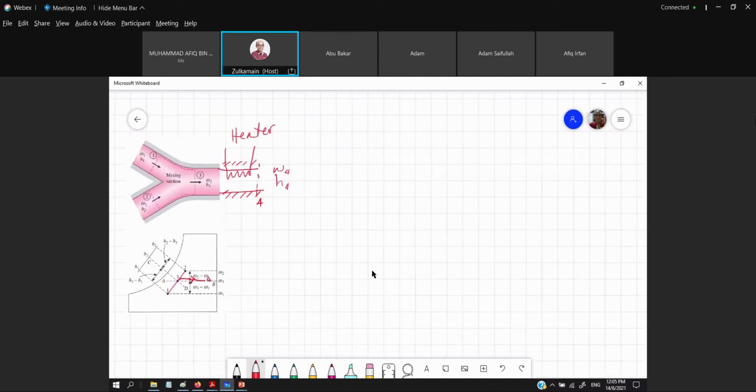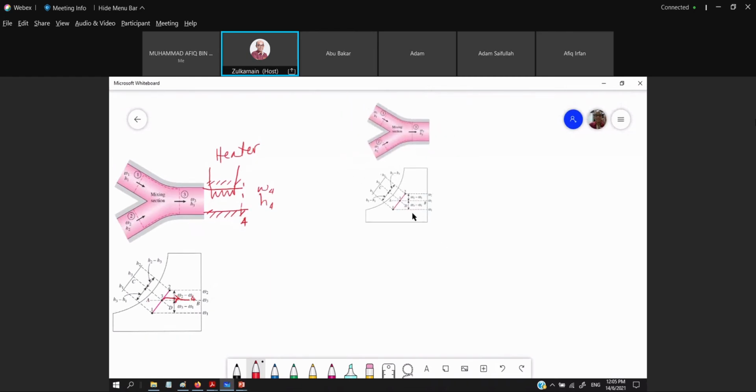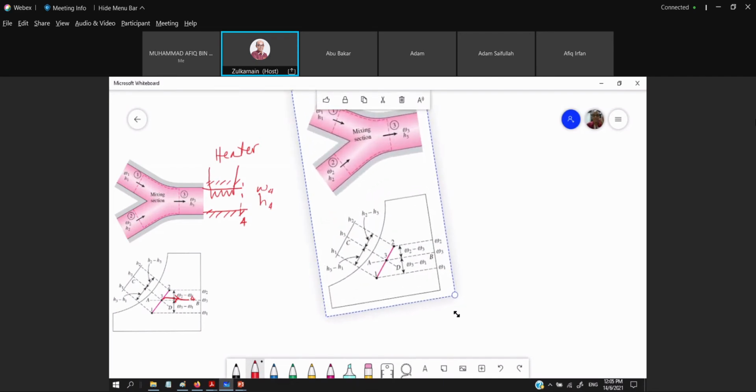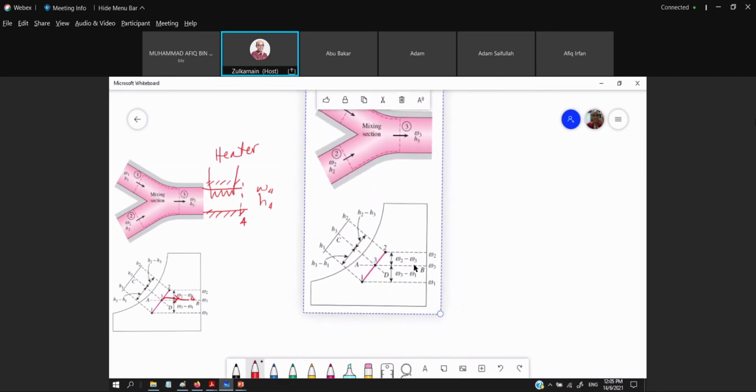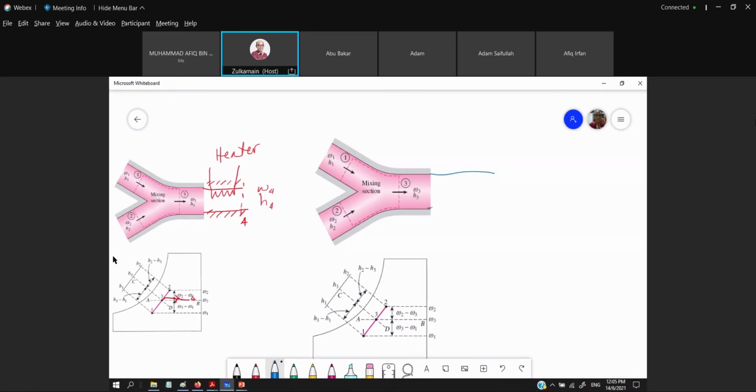And in another case, we could also get a cooling process. If it is a cooling process, we have another section right here representing the cooling process, in blue color. Assuming still adiabatic, there's no heat loss in this section.